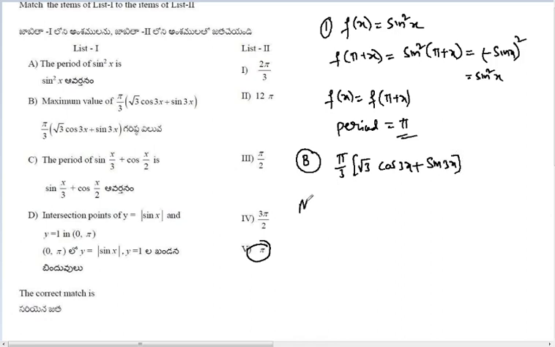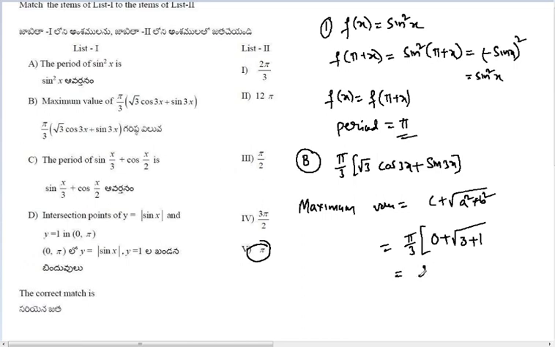So maximum value is equal to c plus square root of a square plus b square, that is equal to, here is pi by 3 into root 3 cos 3x plus sin 3x, that is pi by 3 into c value is 0 plus under root of a square, root 3 whole square is 3 plus b square is 1, that is equal to root 3 plus 1, that is equal to root 4, that is 2 pi by 3. For B answer, 2 pi by 3, first one is correct answer.